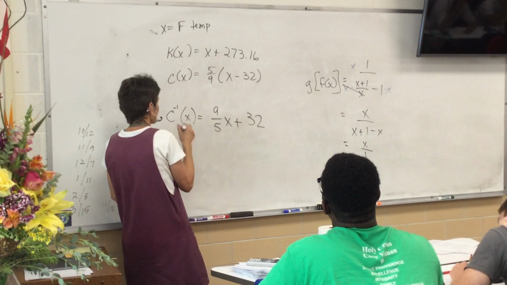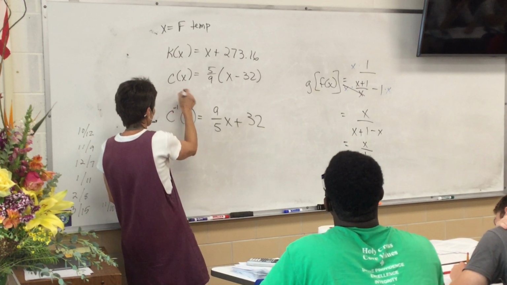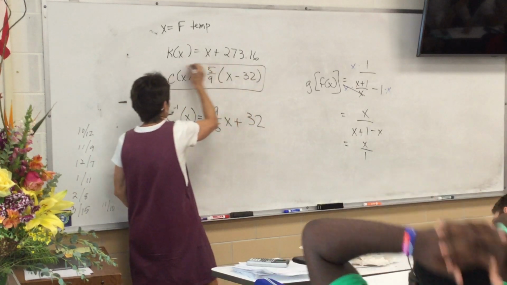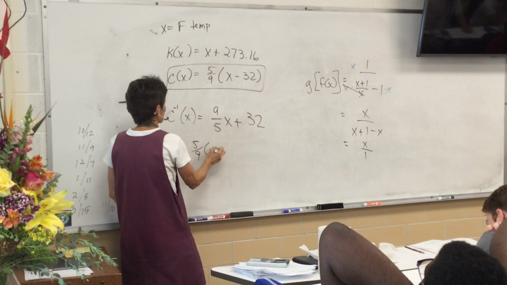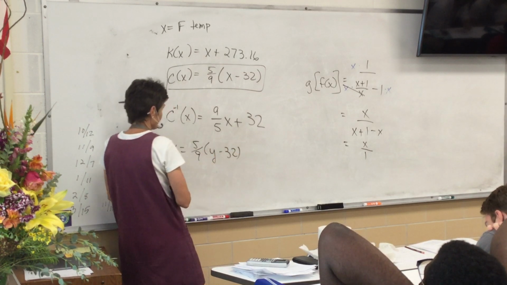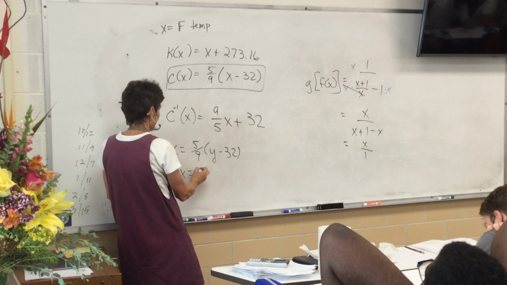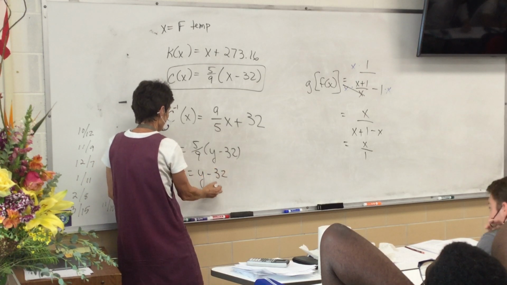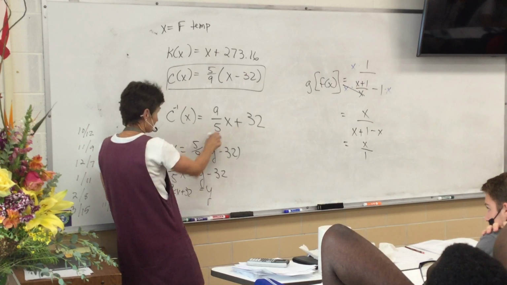But if you don't trust that or you're a little bit leery of it, why don't we go ahead and figure it out? So we're gonna find the inverse of this equation. So x equals 5/9 (y minus 32). Can we do 9/5 x equals y minus 32, and y equals 9/5 x plus 32?